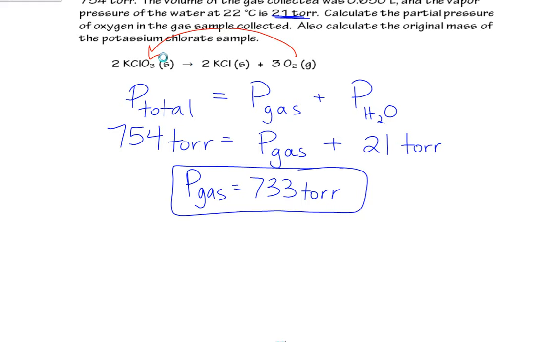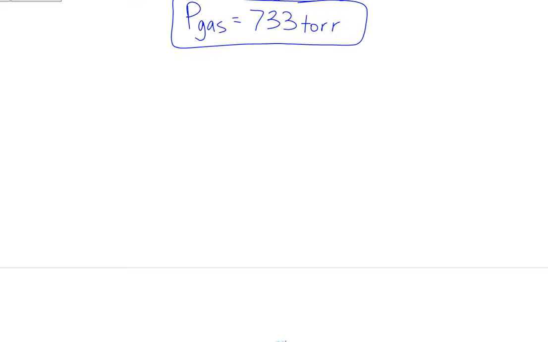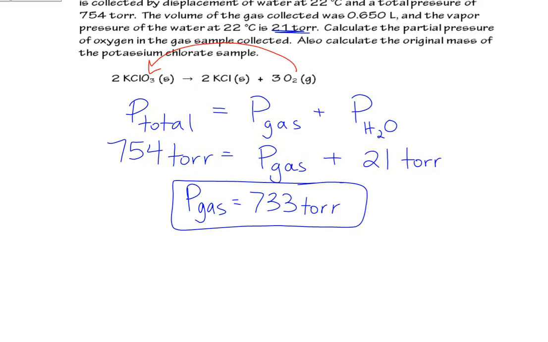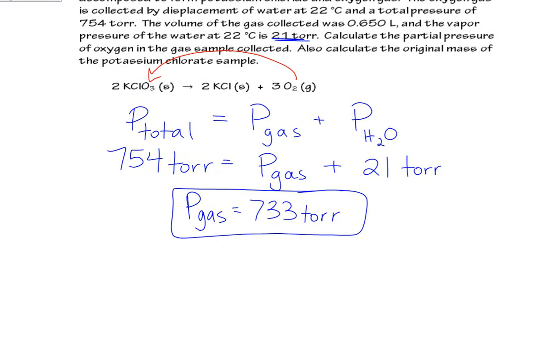Well, in order to use that 3:2 ratio in the balanced equation, I need moles of oxygen. But I think we have enough data to calculate moles of oxygen. We're going to use PV = nRT. Let's make sure that I got all my data here.